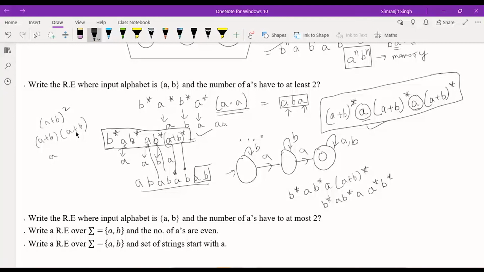So that is not correct. The previous one was not correct, so it has to be A plus B star, then it is correct. Again this one is correct, this one is not correct. So there is a little bit of a problem. If you try all the languages, you can clearly see it yourself.